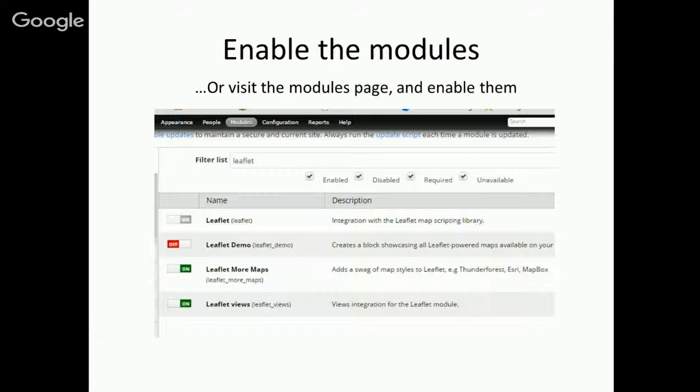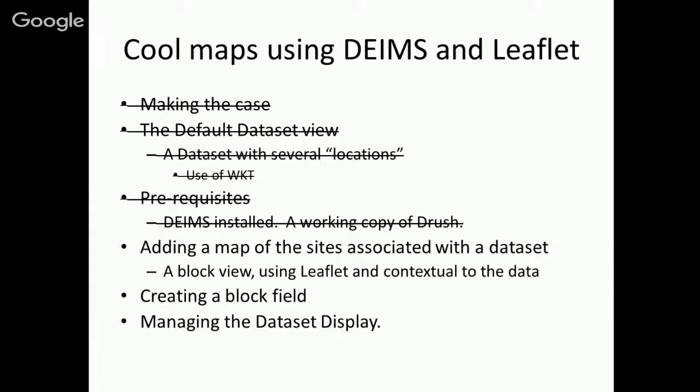Once you have enabled those modules, then we have done half the work according to this outline. We made the case of what we want to do, and we have the prerequisites completed. Now, what we really want to do is create a map of the locations that are associated with the data set.